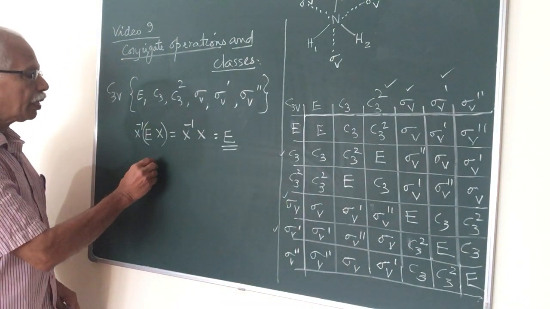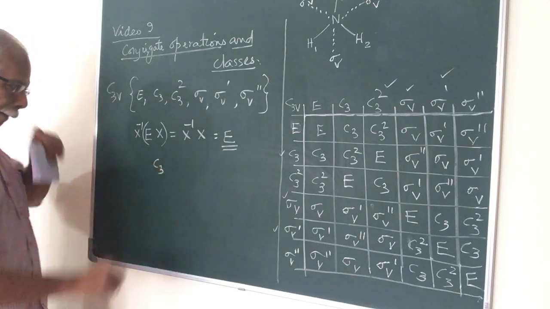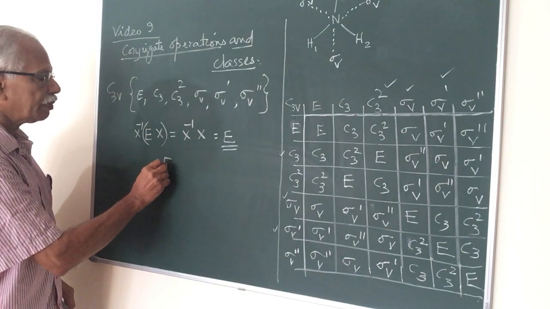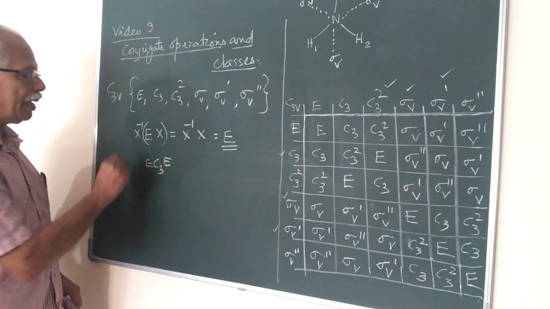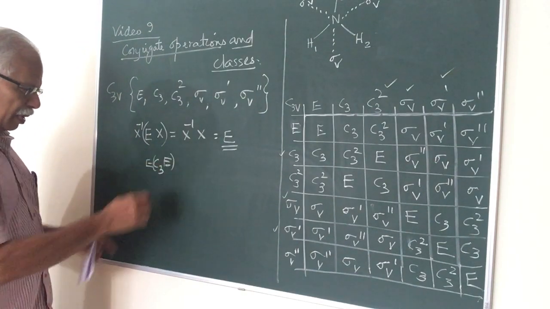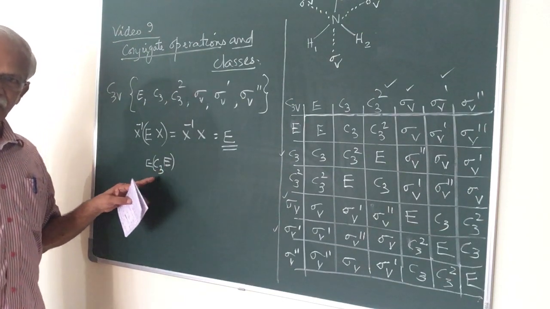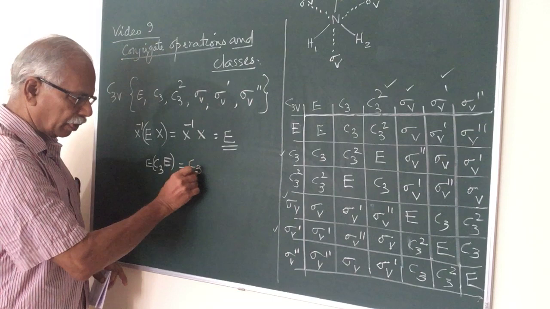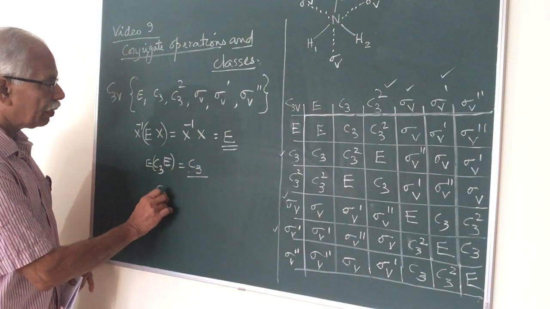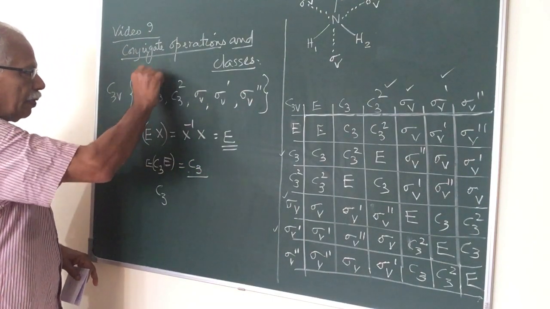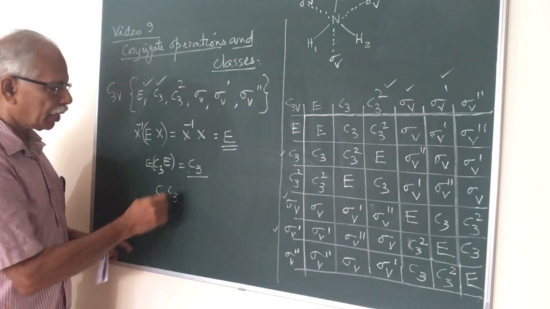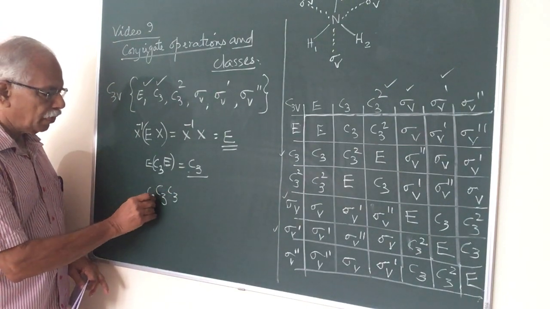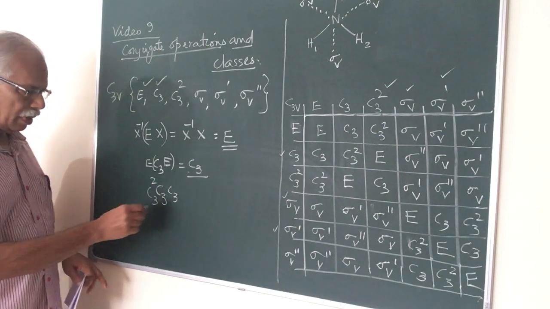Now, think of C3. You can first try with identity. Inverse of identity is identity. Identity into C3 is C3. C3 followed by identity is C3. Then you try with C3. C3 right multiplied by C3 and left multiplied by inverse of C3, which is C3 squared.